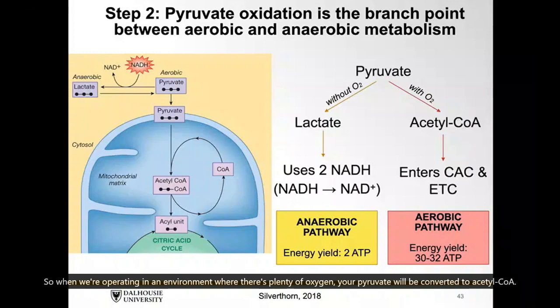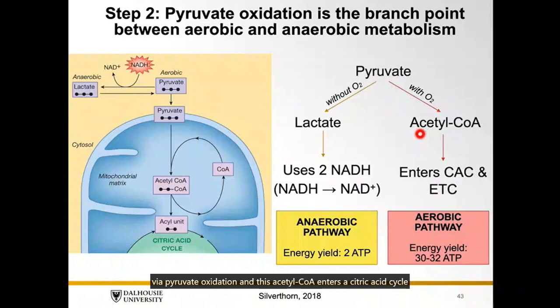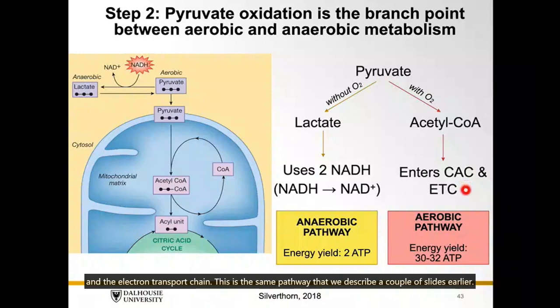When we're operating in an environment where there's plenty of oxygen, your pyruvate will be converted to acetyl-CoA via pyruvate oxidation, and this acetyl-CoA enters the citric acid cycle and the electron transport chain. This is the same pathway that we described a couple slides earlier. And we know that through this, we can yield 30 to 32 molecules of ATP.